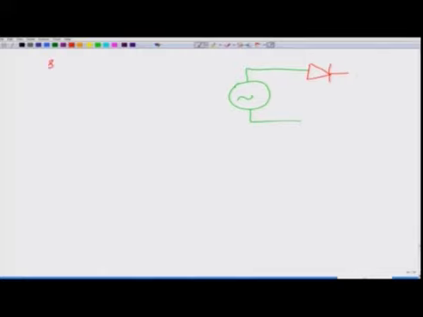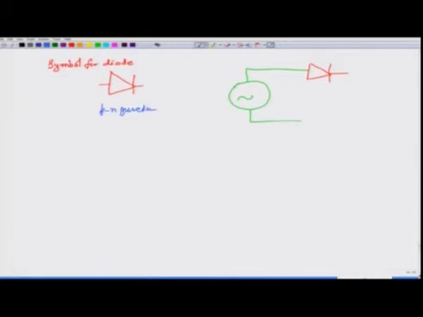This is a symbol for diode. We draw a horizontal triangle like this, and put a line here and then a line here, and this represents the PN junction diode.